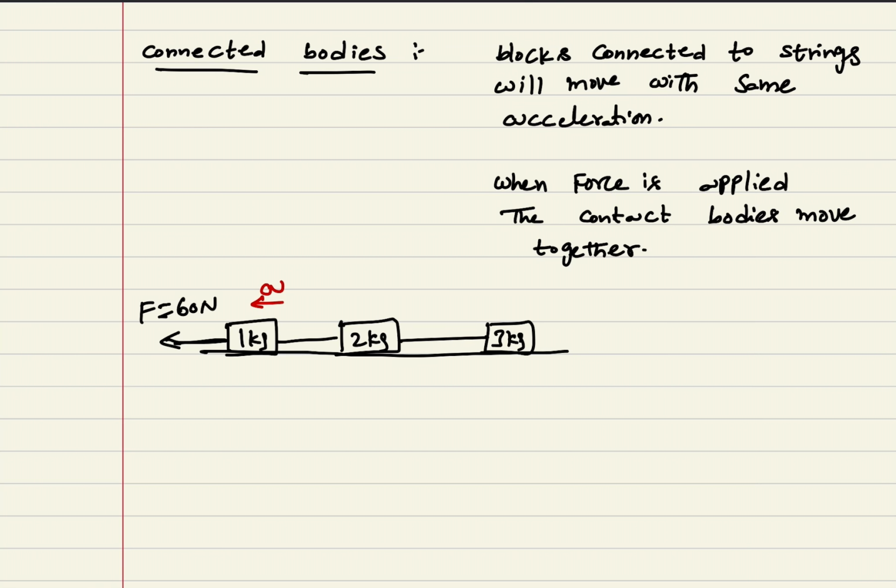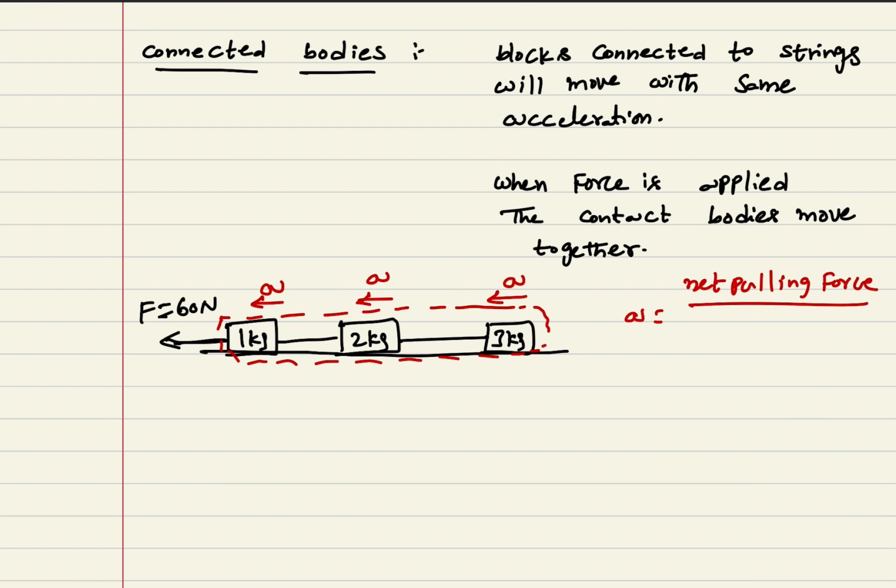Now you can see whatever acceleration is in the 1 kg body, the same acceleration will be in the 2 kg body also, and the same acceleration in the 3 kg body also. In this case, we can see they are moving together. Now whatever acceleration is there, we can write it as the net pulling force divided by the total mass.